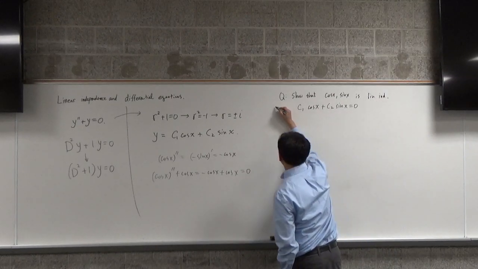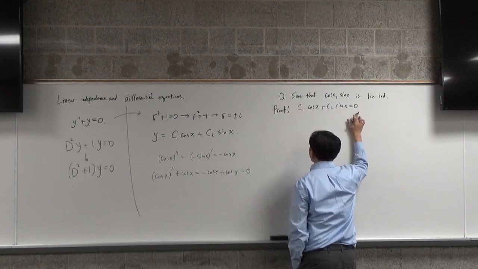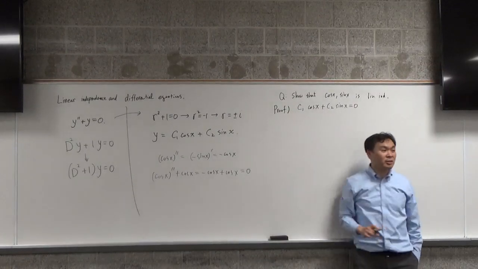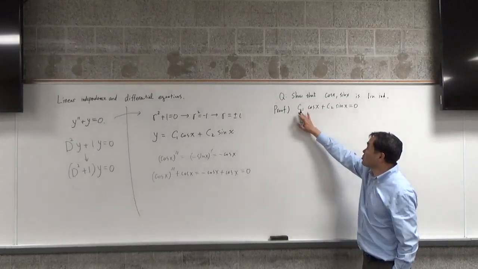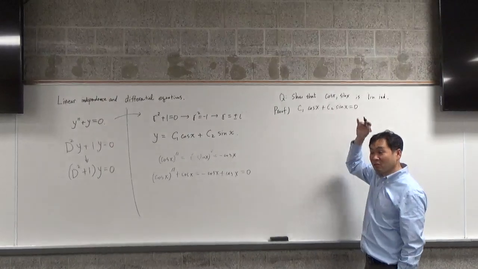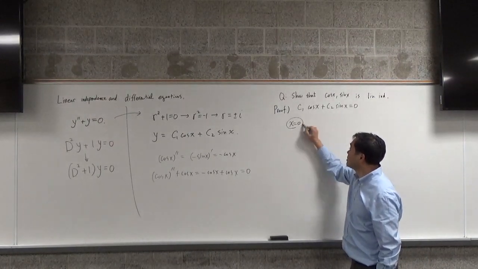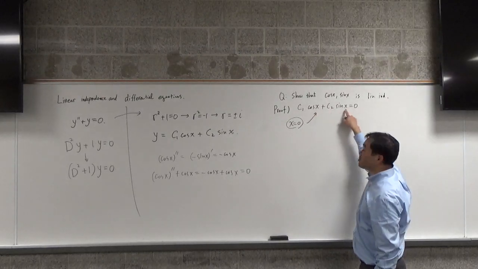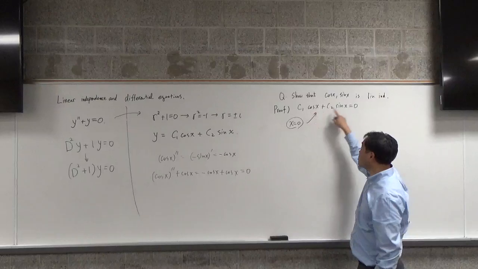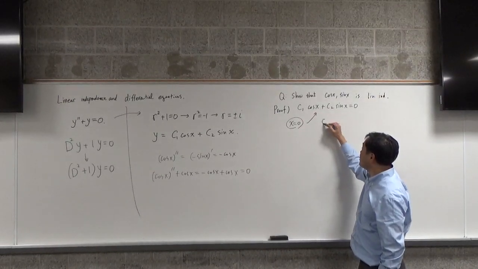So how do you show it? Proof. Suppose this is true, and we end up showing linear independence if we can force C1 to be 0 and C2 to be 0, right? So we just plug in x equals 0. This is an equation among functions, so it should be true for any value of x. If you plug in 0, you get C1 cosine 0.